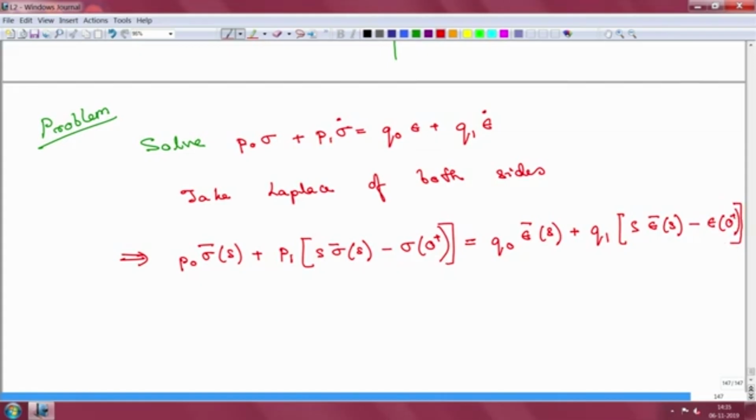Now, I had already said that from the jump condition, which we did not derive and was left as a homework for you, we can take this quantity out. So we are left with a simpler situation: sigma bar s times P0 plus P1 s equals epsilon bar s multiplied by Q0 plus s Q1.